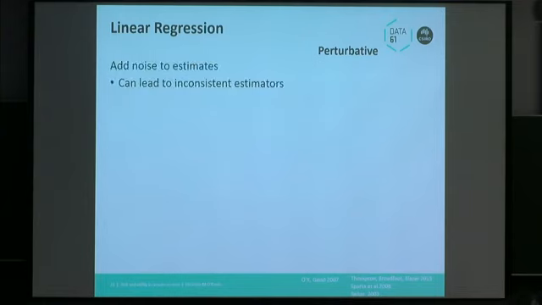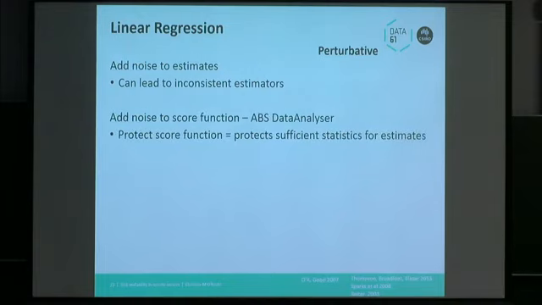So how do we think about protecting linear regression outputs? You can add noise to the estimates. But this is actually quite a difficult thing to do. It's hard to determine sometimes how much noise to add and to the different components of the estimated vectors, and you can get inconsistent estimators out of that.